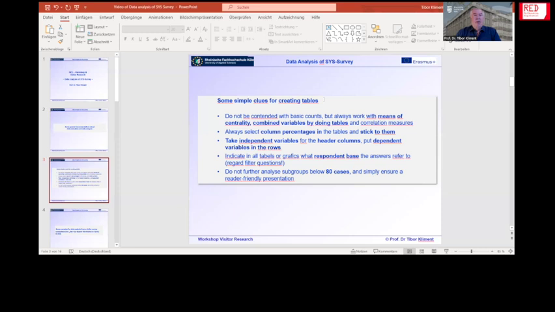Or you can also go into further statistical options, such as working with correlation methods of a different kind.